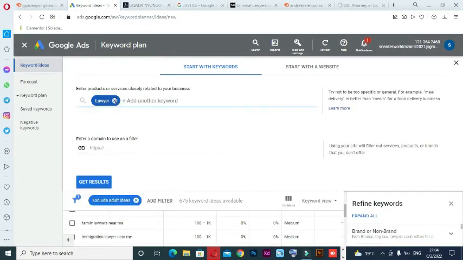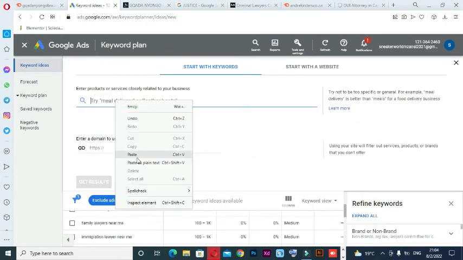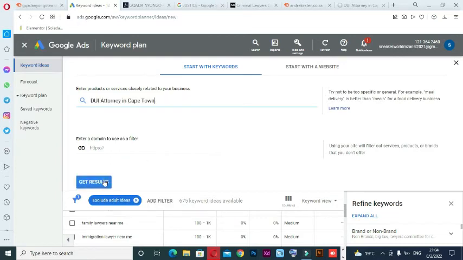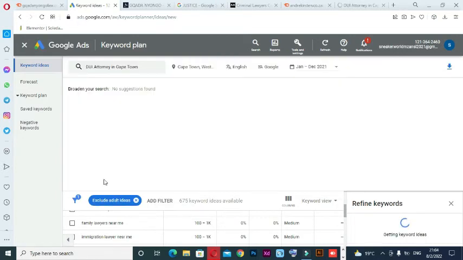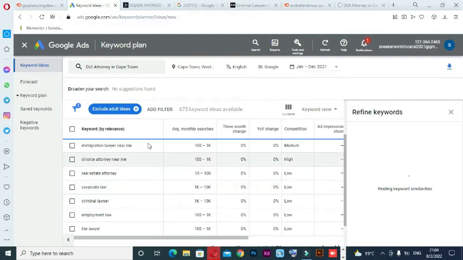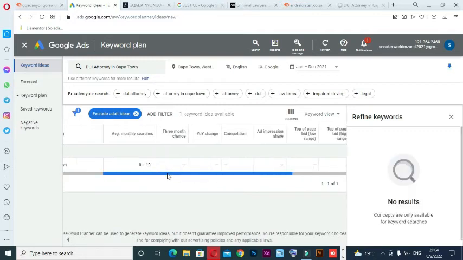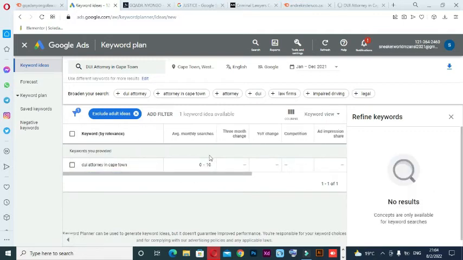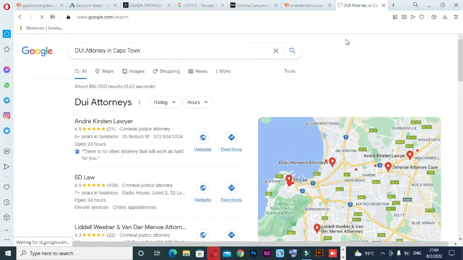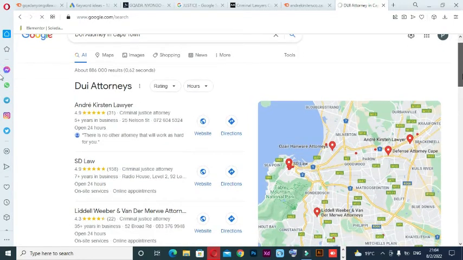They are writing content based on queries which people are using to search on Google. Let's see what amount of search that keyword has before you even analyze their website. Unfortunately, the monthly search is low, but still it's a keyword.